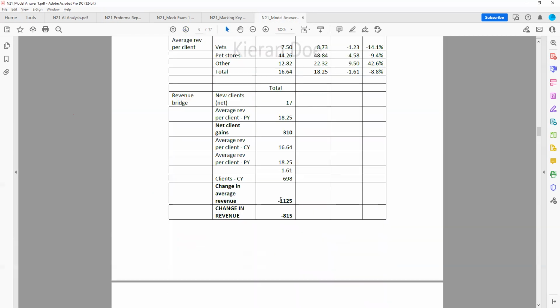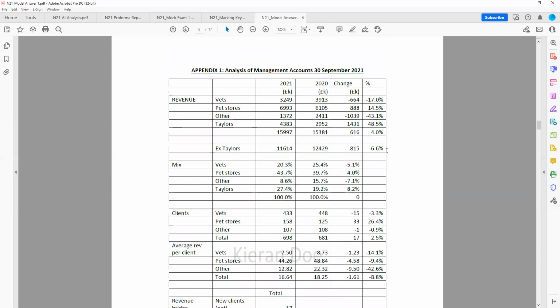But they're interested in the headline numbers of big things affecting the business, that without Taylor's, revenue had gone down. So actually your underlying business is declining. That's a concern to the directors. So hopefully that's addressed the popular question about the exec summary. But that's covered in more detail in that video class, which you can watch.